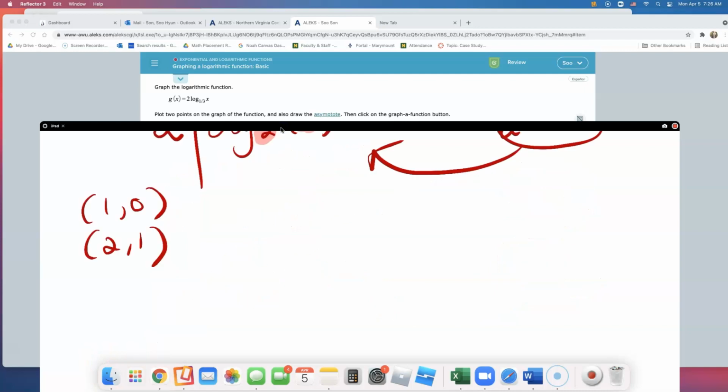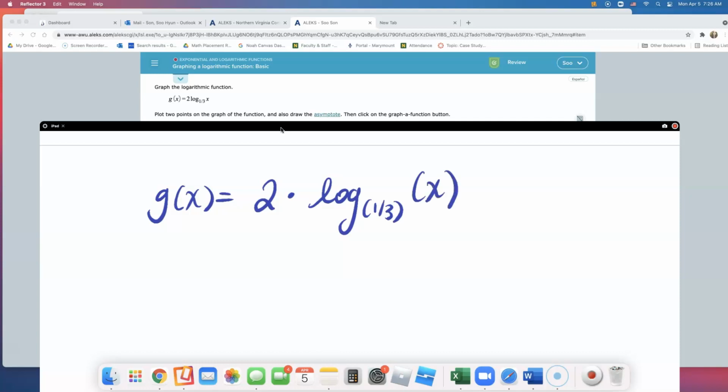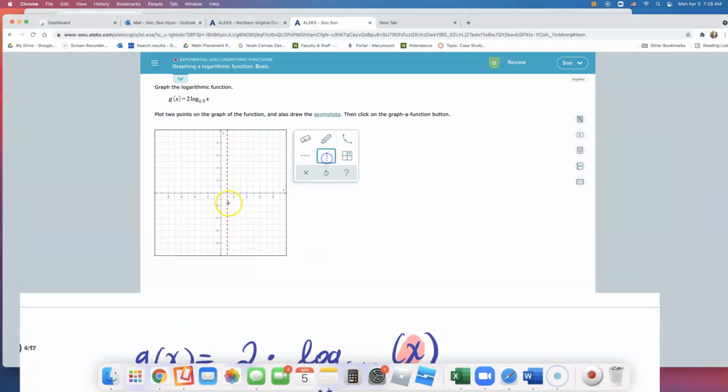So this is g of x equals 2 times log base 1/3 of x. The good news is it's not shifted to the right or left at all. You see that this x inside the parentheses for the argument doesn't have any +5 or -3 going on. So the asymptote is still at x equals 0.